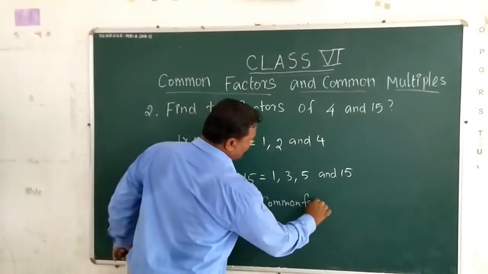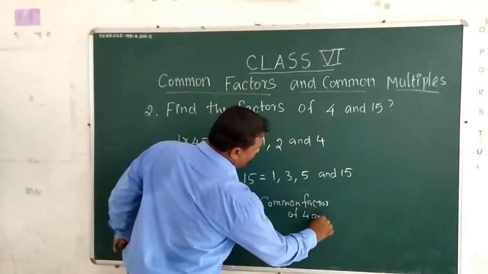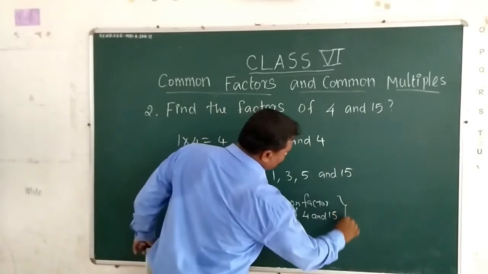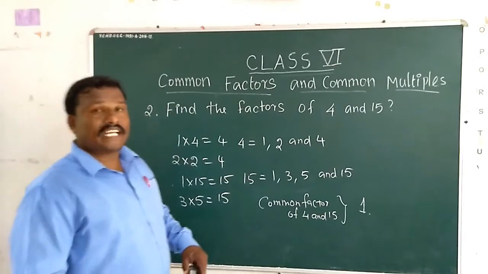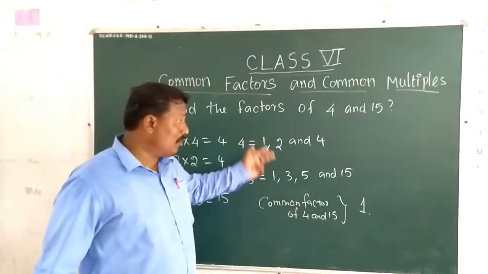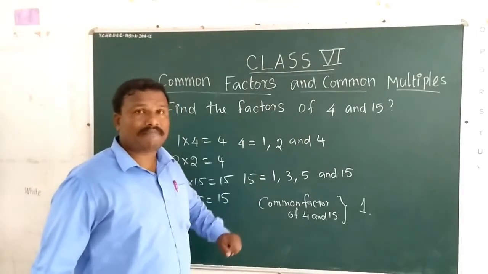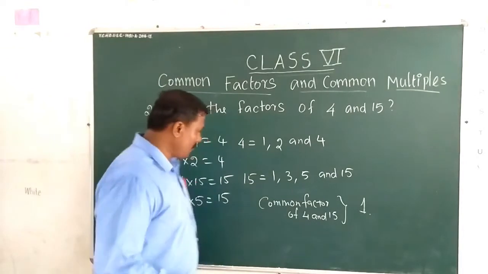Only one common factor of 4 and 15. So numbers which have only one common factor, that pair of numbers we call co-prime numbers. What do we call that?